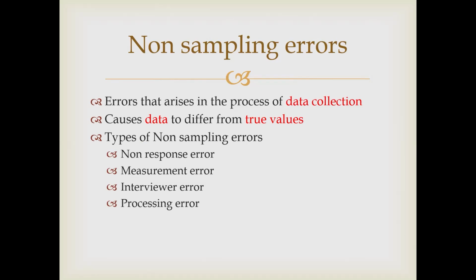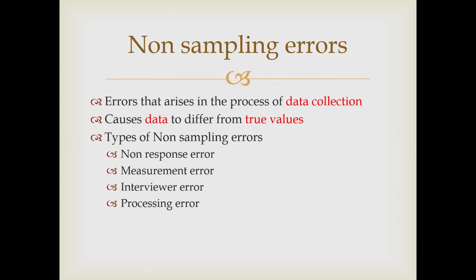The types of non-sampling errors: Non-response error. Sometimes the sampling units, the employees, may not respond. Measurement error. When they are using a scale, they give the wrong answer. Interviewer error. Supposing you are interviewing them and you note down wrongly, or you have not understood what they said.